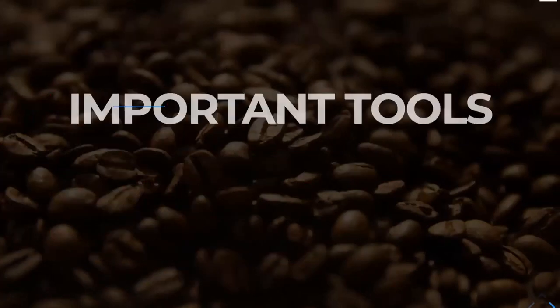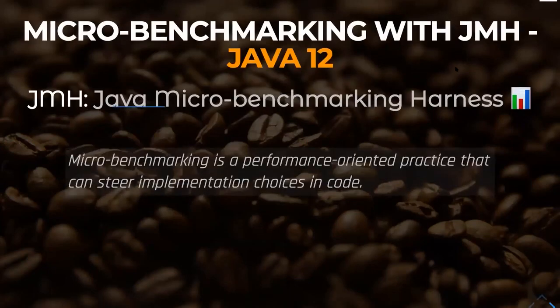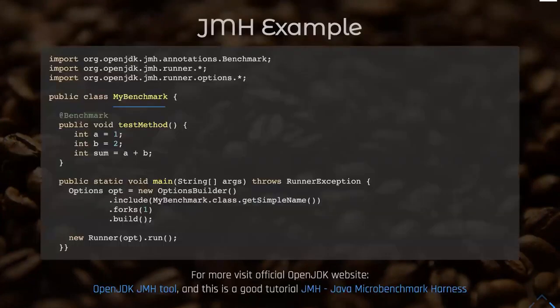Finally, important tools we have open sourced, like micro benchmarking with JMH. This is very important. This is the micro benchmarking harness. We use it to benchmark all the JDK implementations for graphics, for security, for implementations. So you can use it, but it's not meant for performance testing.